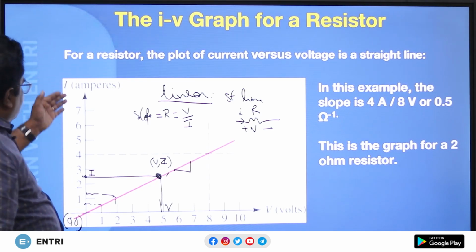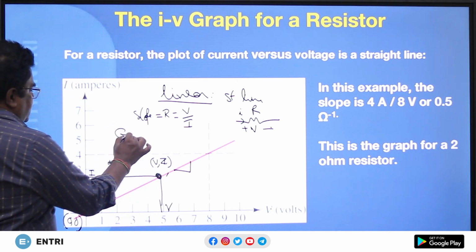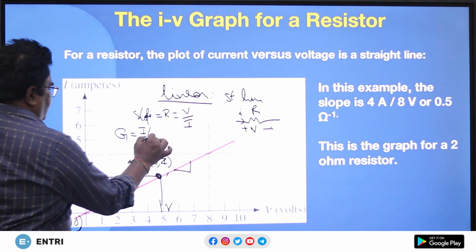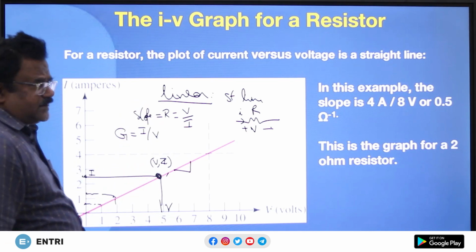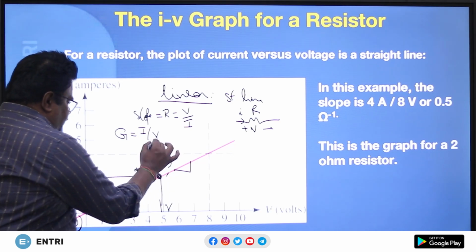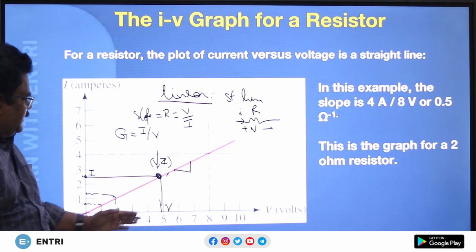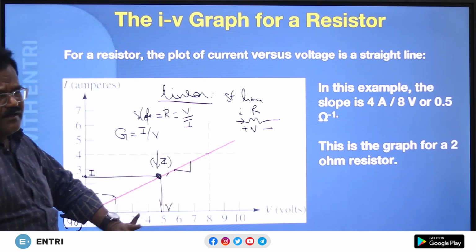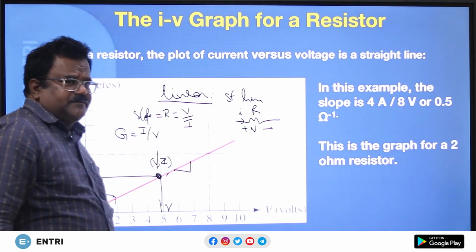If the slope is taken, I by V will come. That is actually called conductance G. The slope actually defines conductance. So V by I, x-axis by y-axis if you are taking, it is called the reverse slope. But y is shown here and x is shown here, it is clear. Don't be confused by this. Always voltage by current.